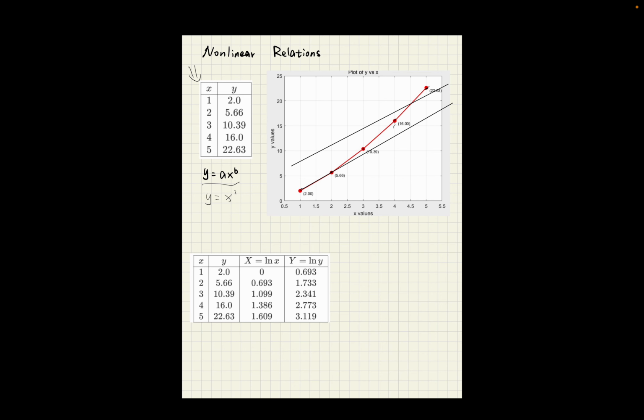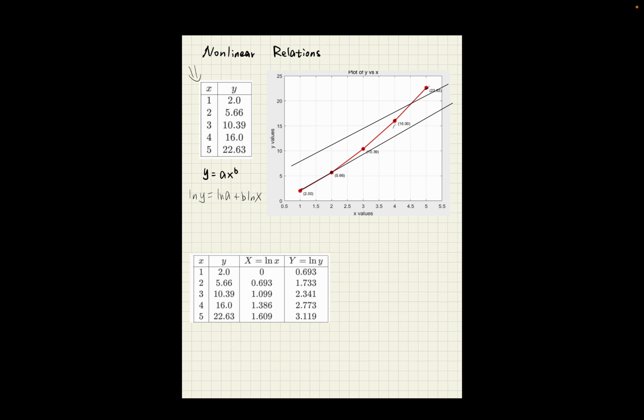Actually, we can transform it back to a linear form by simply taking ln on both sides of the equation. So on the left side ln y, and on the right side ln a plus b ln x.